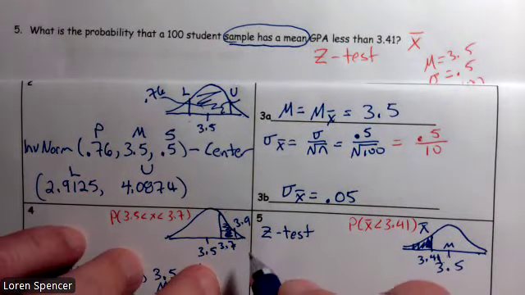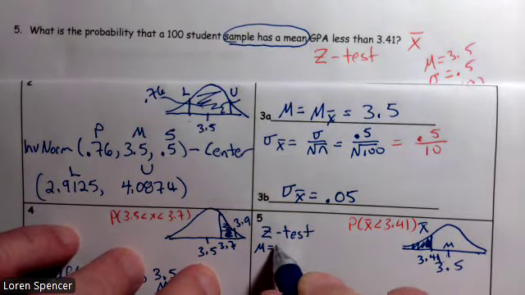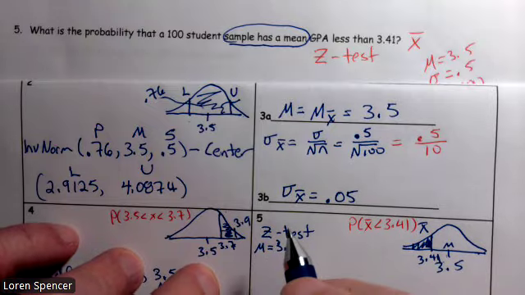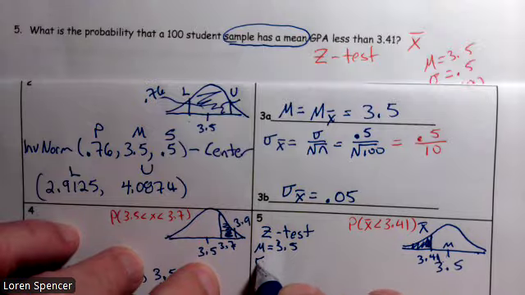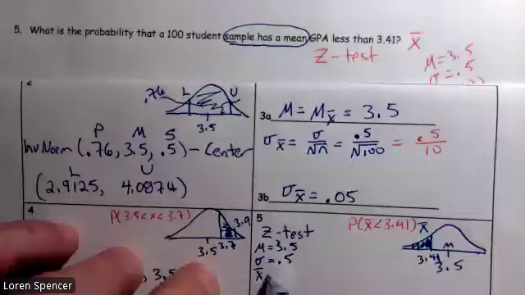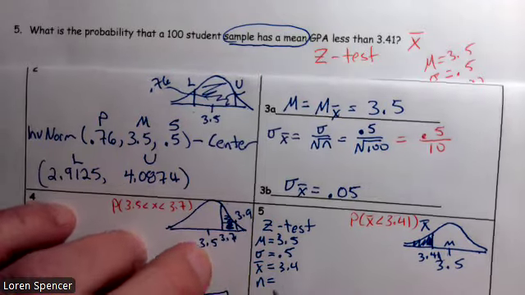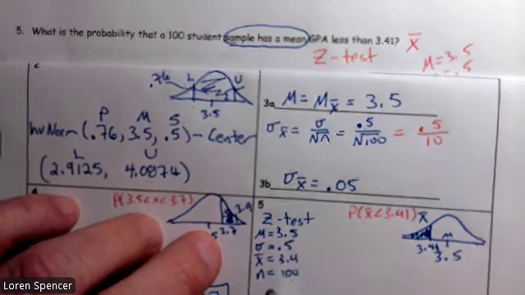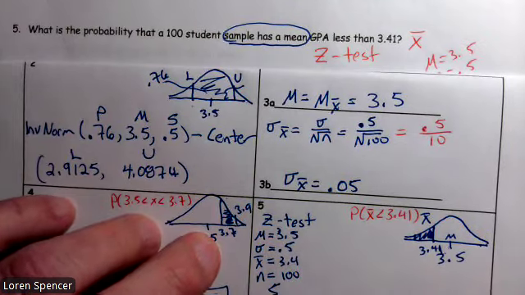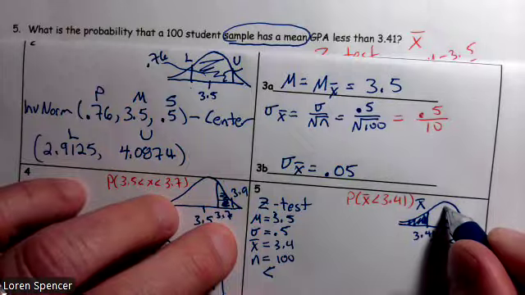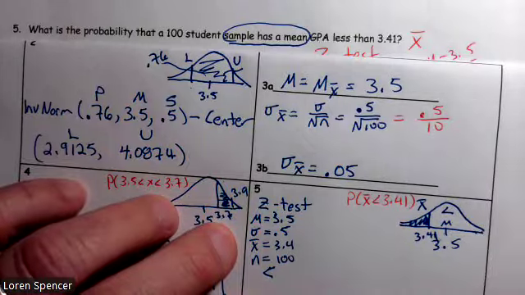So what do I need to see? I need to see the mean is 3.5. The standard deviation is 0.5. The X bar is 3.41. The N is 100. And then I need to see that you're using the less than symbol. All right.